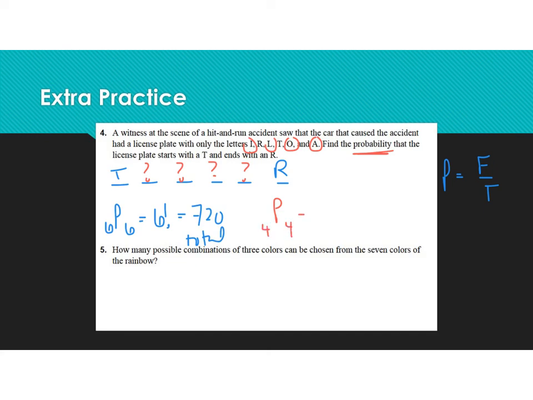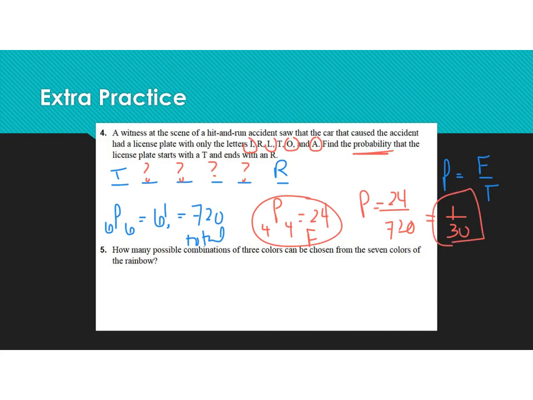That's going to be 4 factorial, which is going to be 24. Okay, so our probability, this is favorable, because favorable is T and R are where they're supposed to be, and there's 24 other options out of the 720 options. And if we reduce 24 over 720, we should get 1 out of 30. That's how you do that one.